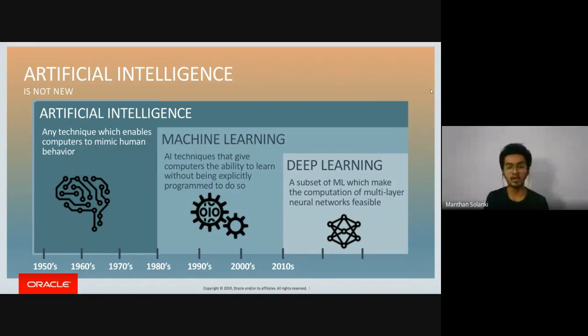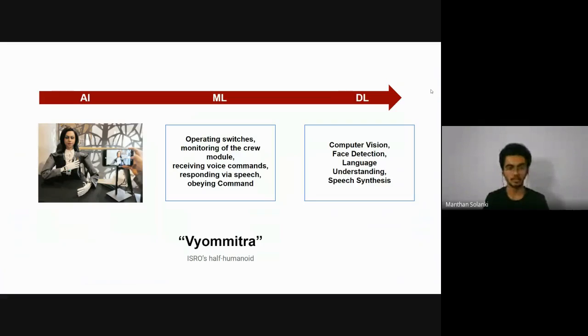So why deep learning? Deep means there is a deep neural network. There are lots and lots of neurons there, and it is the combination of more complex computations, so it can solve more complex problems. This is a great example to understand deep learning. Who is Vyomitra? Vyomitra was developed by our space organization ISRO.